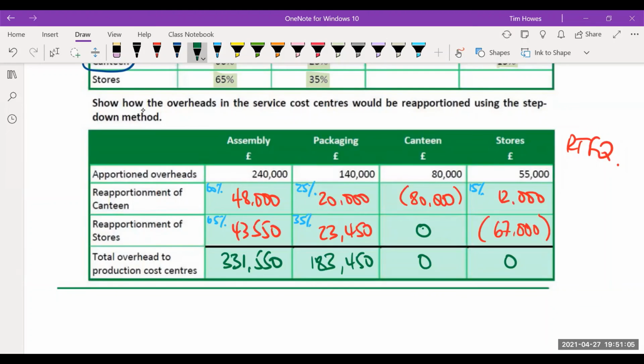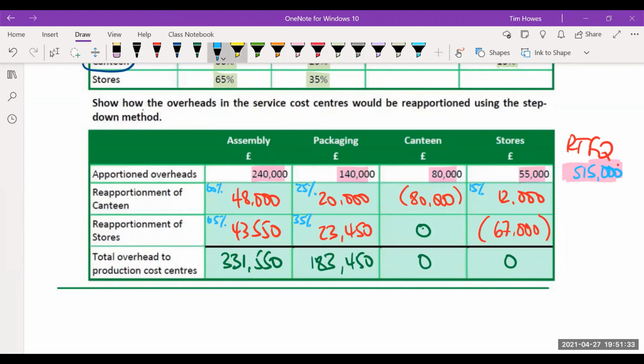Now then, I'm just going to do something else because I never leave without a little check. So I'm going to take the 240, the 140, the 80 and the 55, and I'm just going to add them together. 240, 380, 460, 515,000.